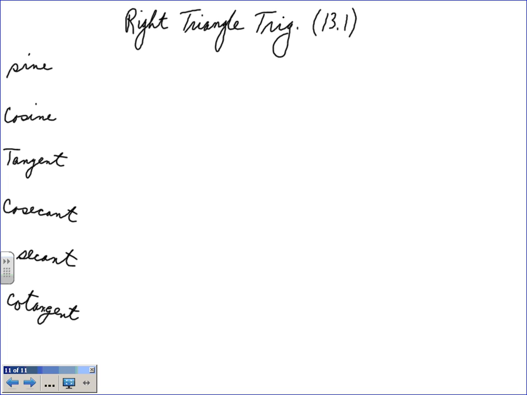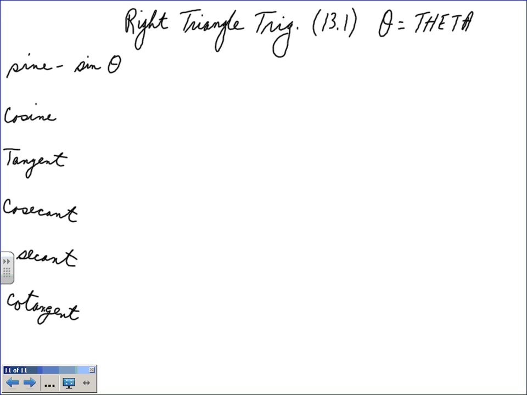Now we should be familiar with sine, cosine, and tangent. The abbreviation for sine is S-I-N, and the sine of an angle, and that's a Greek symbol, theta. The other trig we use Greek symbols alpha, beta, and theta. Okay?